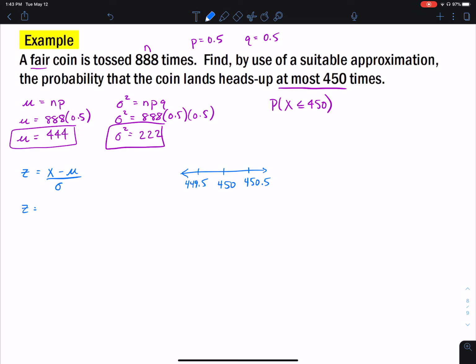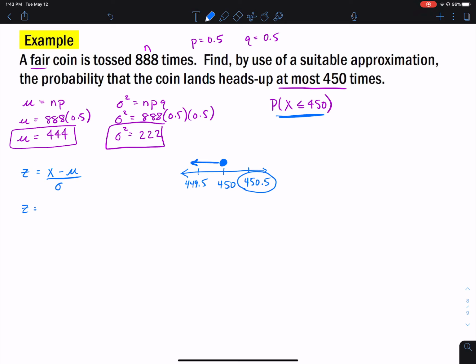What if we were to graph this like it was in Algebra 1? X is less than or equal to 450, so that would be a filled in bubble going to the left. When we pick our X value, if that value is included, we have to use the upper bound, because we want to make sure we include it in our calculation.